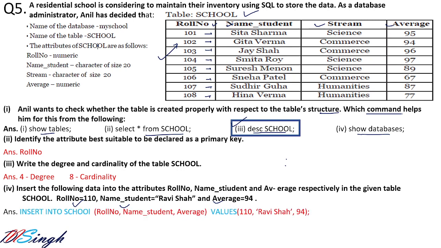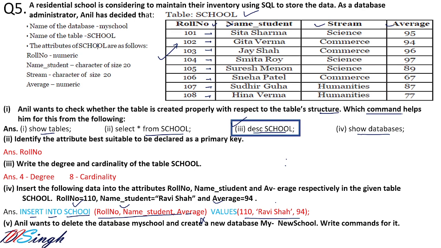Insert into is a part of the command. Then we write the table name. Then we write the list of columns to which we want to supply the values. If we are supplying values for all the columns, this column list is optional. You can write it or leave it. Next, values, and inside parentheses we write the values.